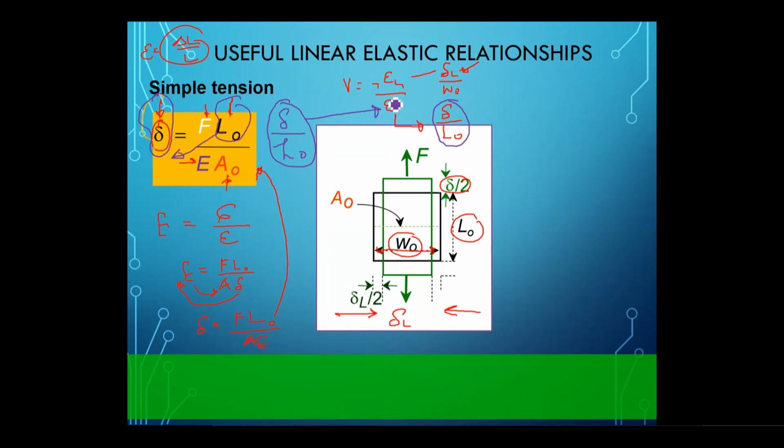So I can replace this longitudinal strain by negative lateral strain over V. And lateral strain is what? It is lateral deformation divided by width. So I can have this represented by minus V, lateral strain divided by width W naught, is equal to F over E A naught.